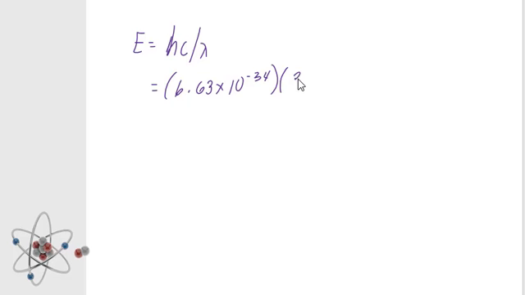We now have energy is again hf or hc over lambda. And h is 6.63 times 10 to negative 34 times c is 3 times 10 to the 8, then divided by the wavelength, which is 550 times 10 to negative 9.